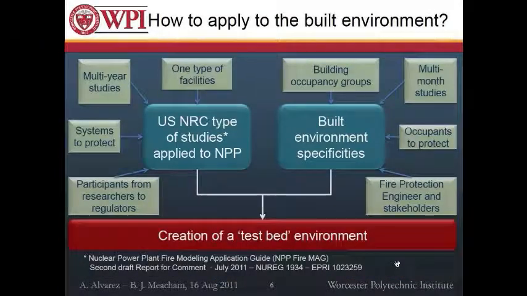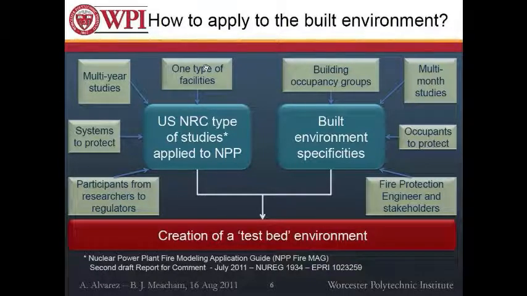So based on this kind of studies in the literature, and if we go on with the NRC type of studies and the NUREG report 1934, we try to use those studies and combine them with the building environment specificities.